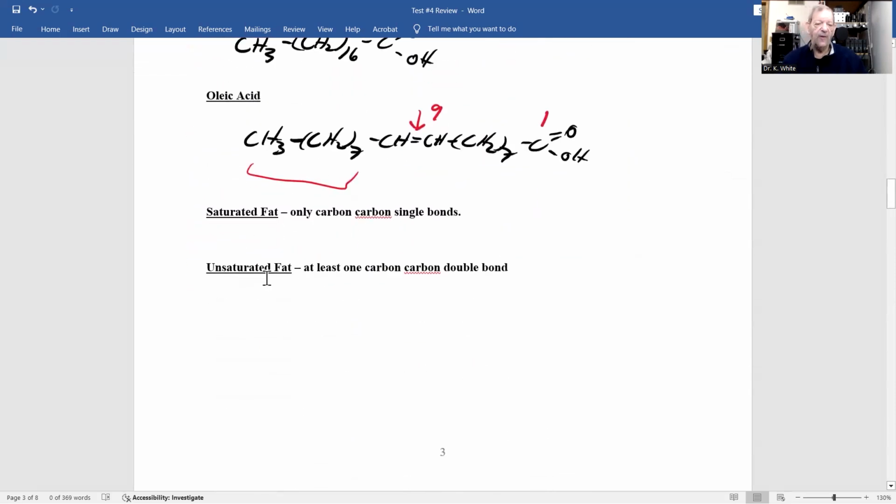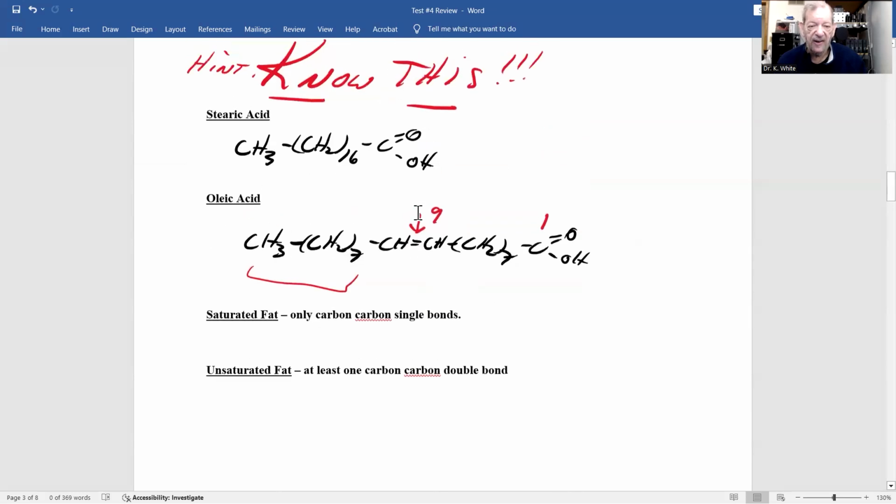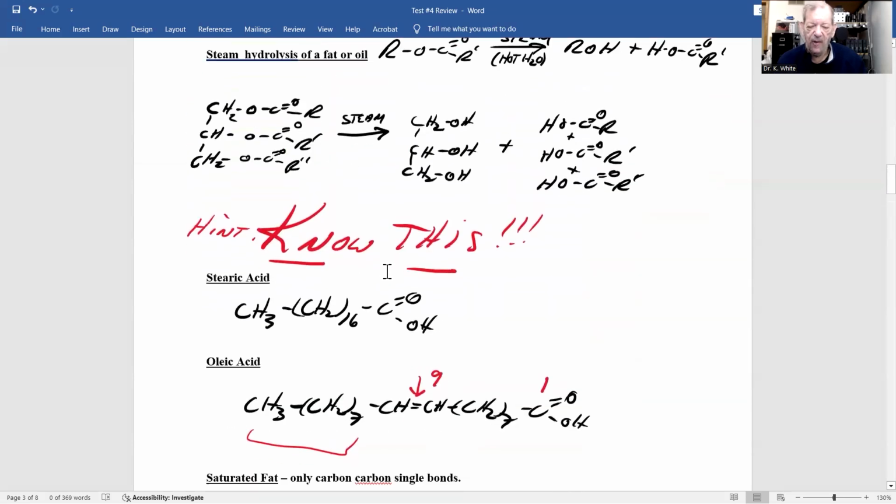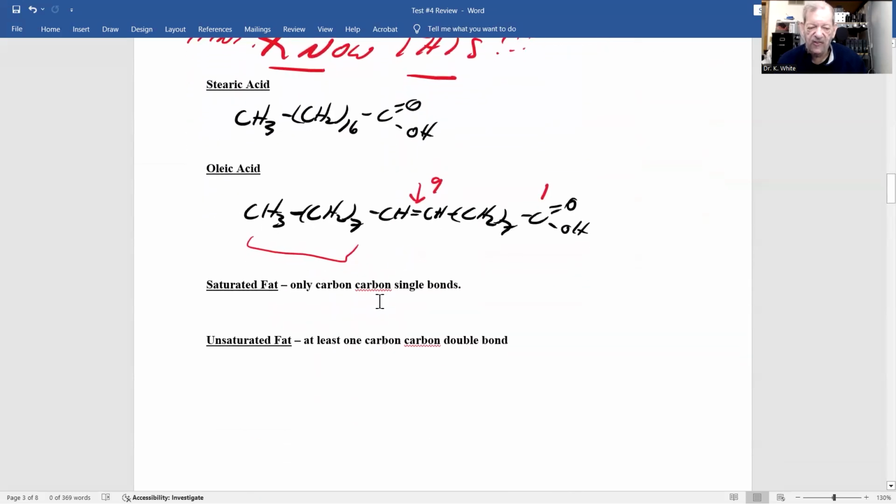And you should know a saturated fat is a fat that has only carbon-carbon single bonds. It still has a carbonyl in the ester, but we're talking about carbon-carbon single bonds. Unsaturated fat has at least 1 carbon-carbon double bond.